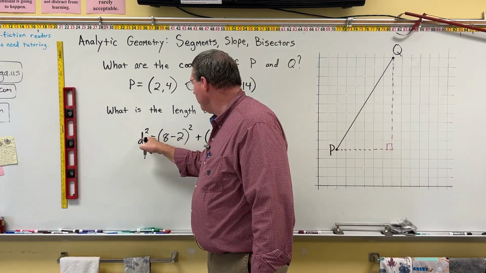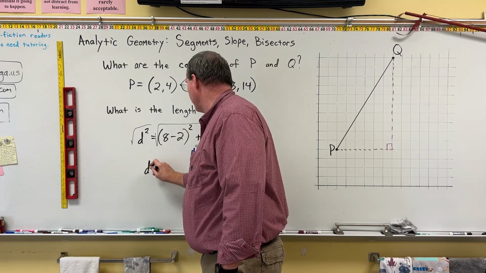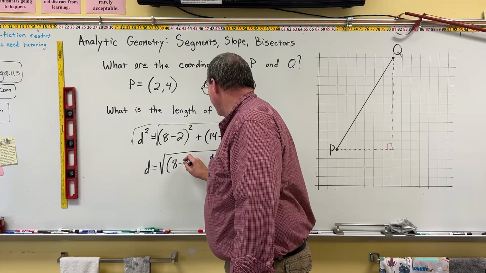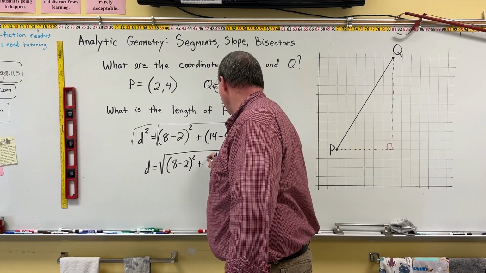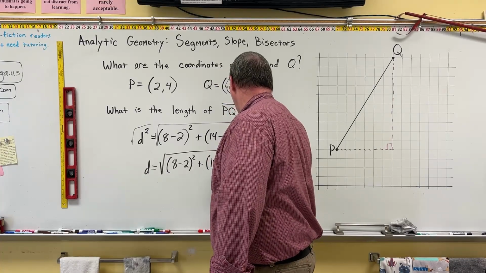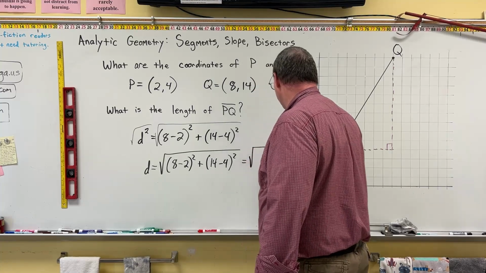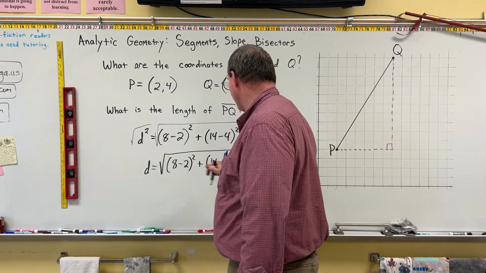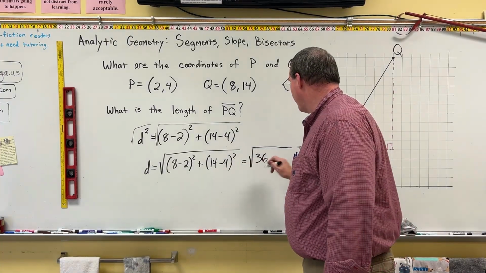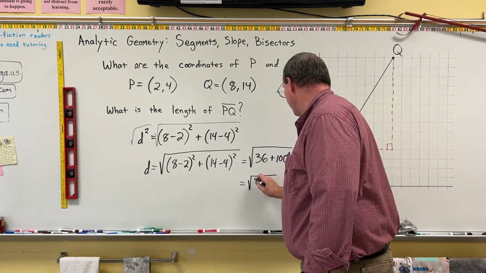Now, when we do the square root to cancel here, that means we're going to do the square root of this whole thing, and it becomes the distance is equal to the square root of x minus x squared plus y minus y squared. And then when we calculate this, we get 8 minus 2 is 6, 6 squared is 36, 14 minus 4 is 10, 10 squared is 100, and so we get 36 plus 100, which is the square root of 136.